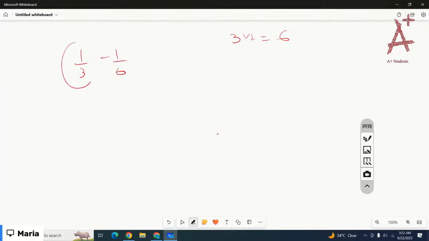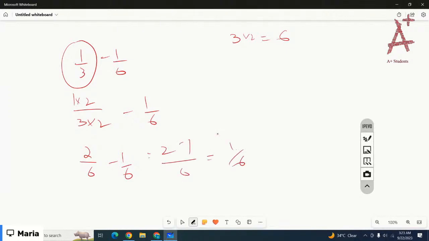So you have to multiply this fraction by 2 to make the denominators exactly equal. It would be 1 times 2 divided by 3 times 2 minus 1 over 6. So that would be 2 over 6 minus 1 over 6. Now both fractions have exactly the same denominators, right? You have to subtract their numerators. So it would be 2 minus 1 over 6. That would be 1 over 6. So the correct option is 1 over 6.